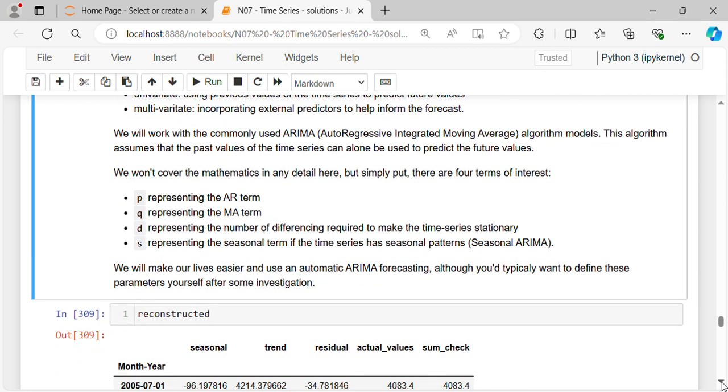We will make our lives easier and use an automatic autoregressive integrated moving average forecasting, although you would typically want to define these parameters yourself after some investigation.